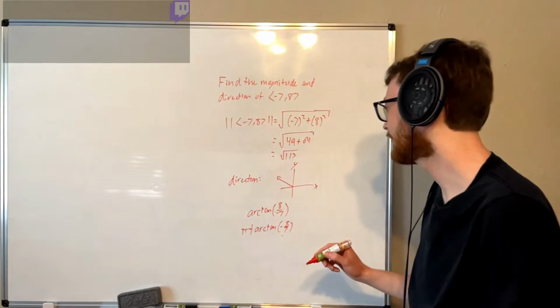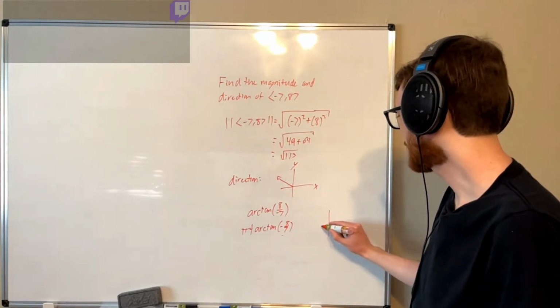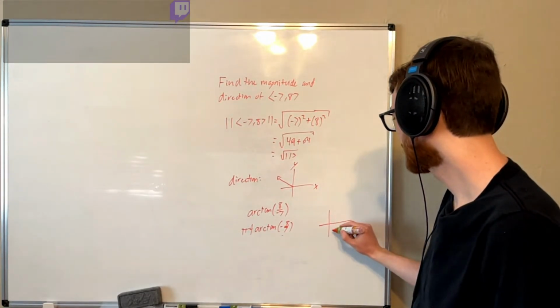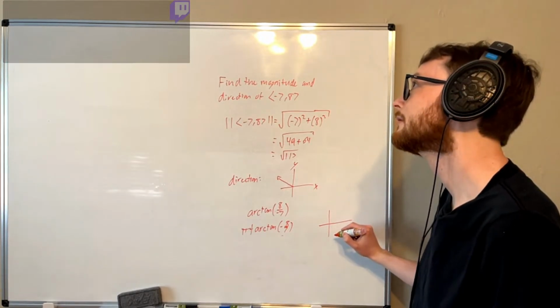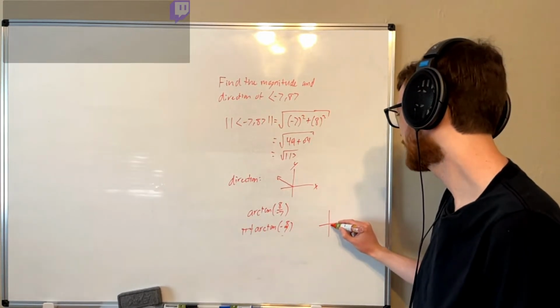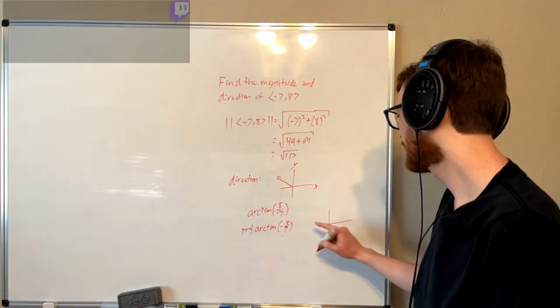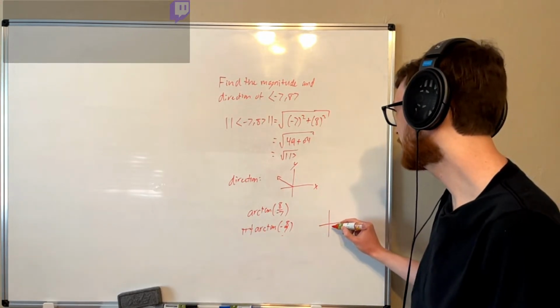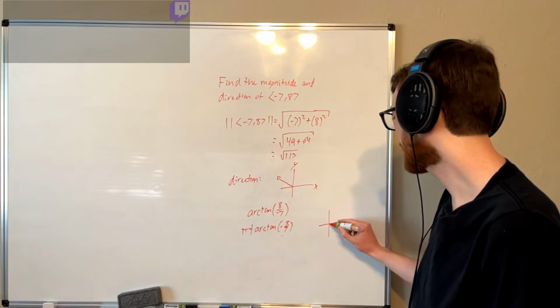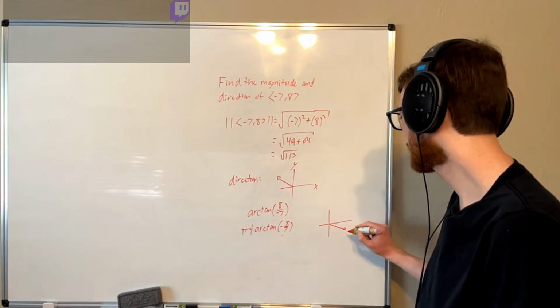And that's because the arctan that we got is minus 8 over 7, it would be positive 8, negative 7.